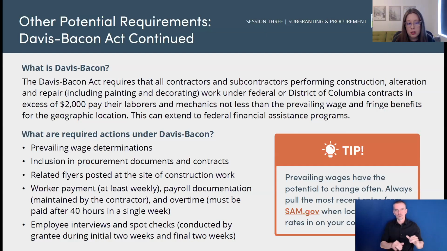Also, inclusion in procurement documents and contracts. Again, it's ideal if you can work with a contractor who has worked on a project that needed to meet these Davis-Bacon requirements. If you haven't done it before, they can help navigate you through it.